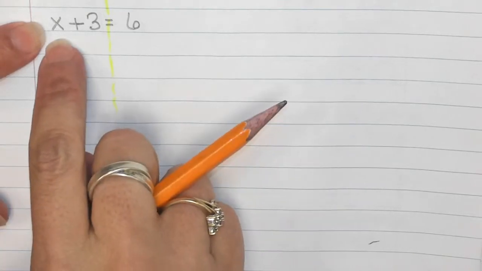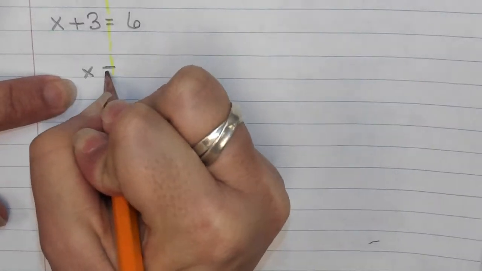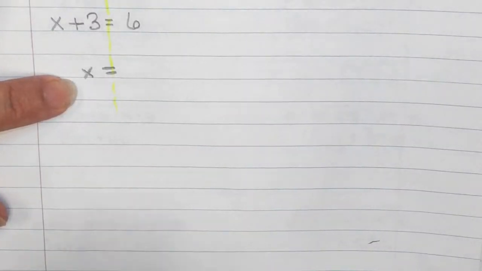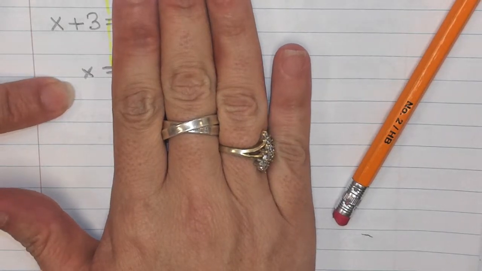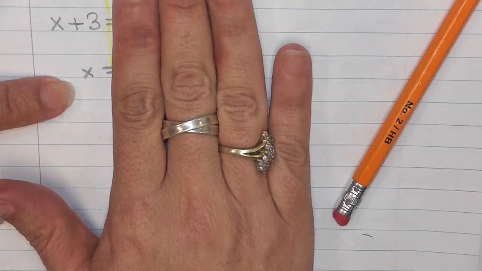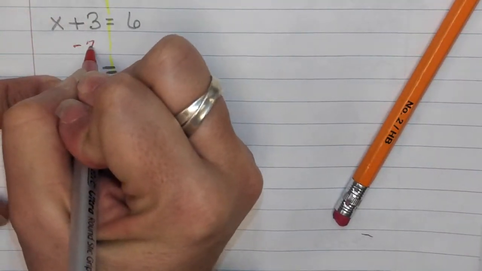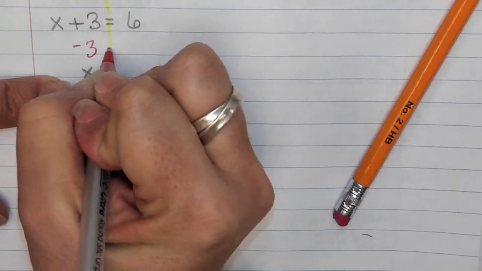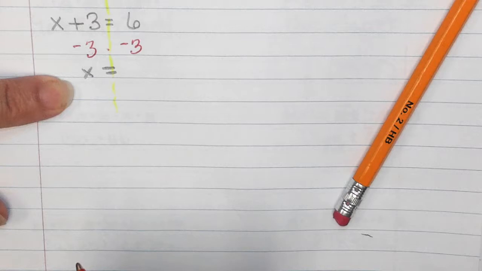X. So you're trying to get X all by itself down here. That's your goal, okay? Now, on that side of the equation, what is with the X? Plus 3. What's the opposite of a plus 3? Minus 3. Now, what you do on one side of an equation of the equal sign, you have to do on the other.